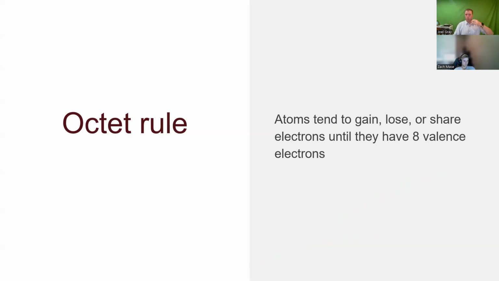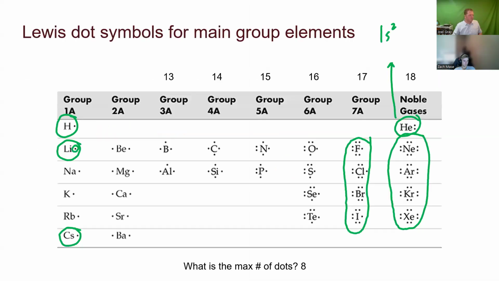That's kind of your goal, to get to 8 valence electrons. Now, I want to show you guys this table again. Tell me which group of atoms has 8 valence electrons. Maybe not every single one of them, but most of them have 8 valence electrons.